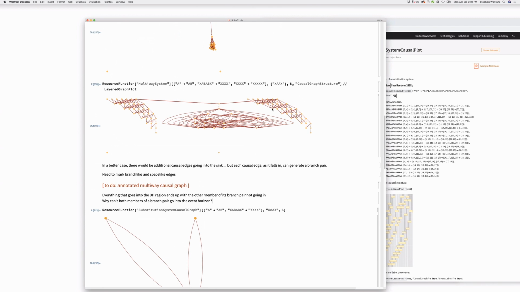But in the first creation of the branch pair, the whole point is that either the whole pair is outside, or the whole pair is inside, or there's one on either side. Right. And the one on either side is the one we care about. Right. Both members are internal, both are outside, or it straddles the black hole.